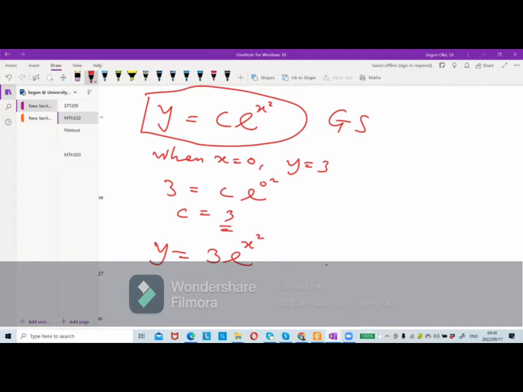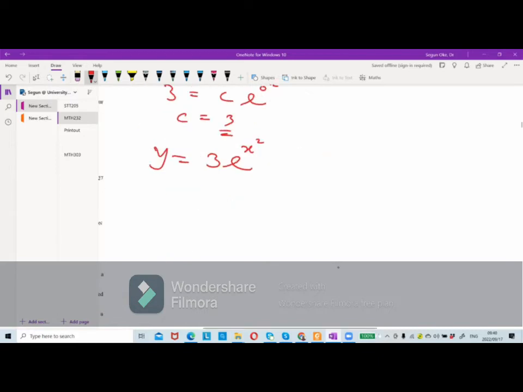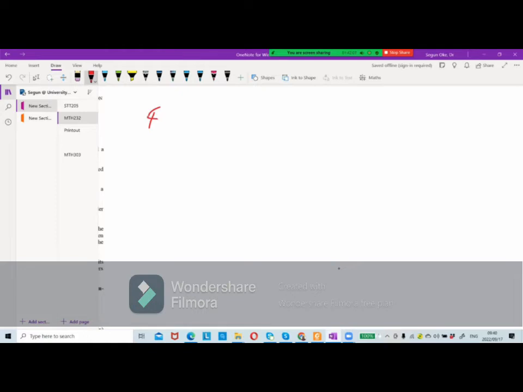Another one I want to solve with you is this. If I ask you to calculate a particular, if I said, find the particular solution.